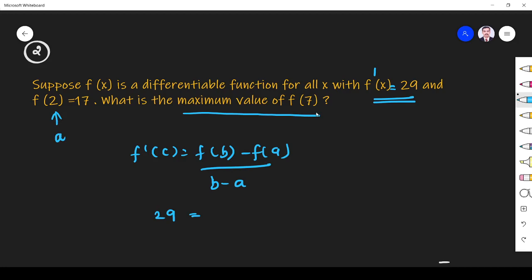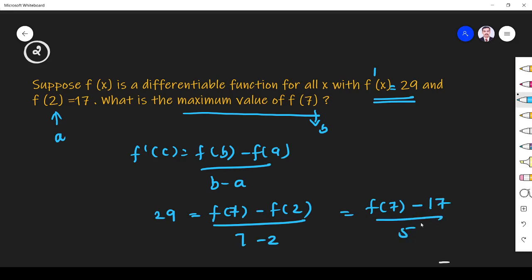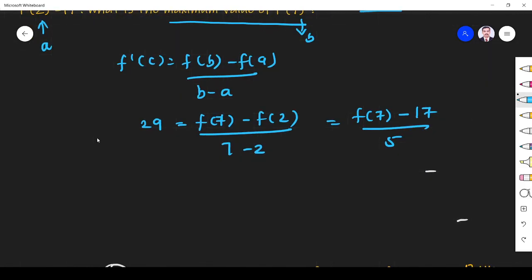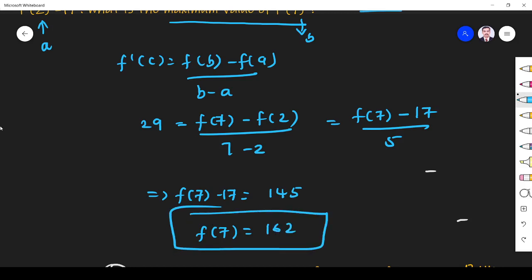So f of 7, which I have to find, minus f of 2, which is 17, divided by 5. So f of 7 minus 17 is equal to 145. I bring this 5 to the other side. So f of 7 is equal to 162. So the answer is 162.